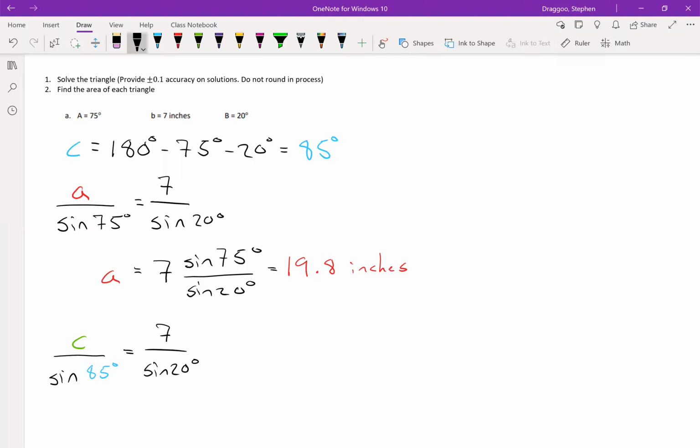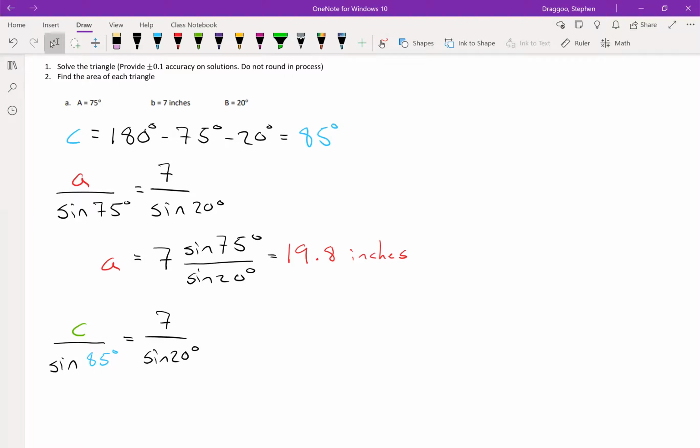I was already given everything about letter B, both side B and angle B, so I'm going to refer back to that ratio rather than the one with A. So solving that equation for C, I get that C is 7 times the sine of 85 degrees divided by the sine of 20 degrees. And that is equal to 20.4 inches.